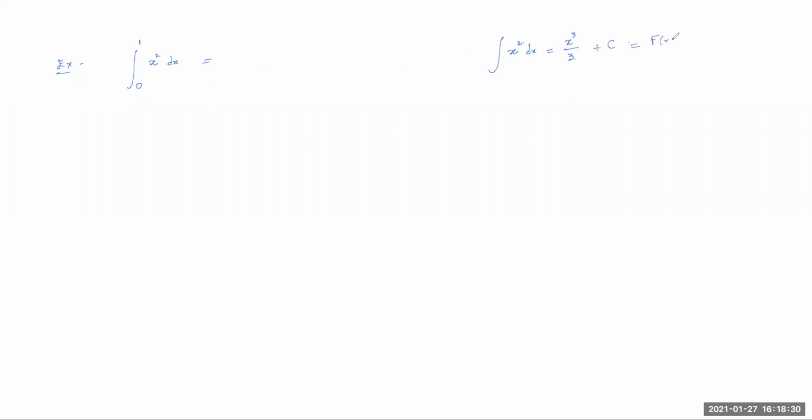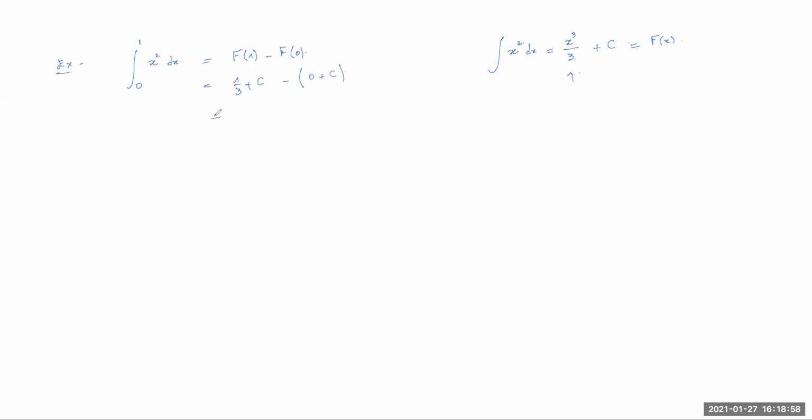I will choose this one. The constant is not important for me. I will choose one that is simple. So it will be F at 1 minus F at 0. It will be 1 over 3 plus c, minus 0 plus c.